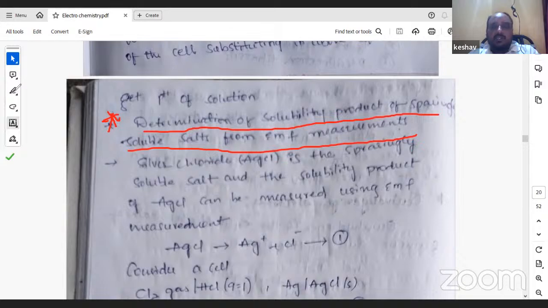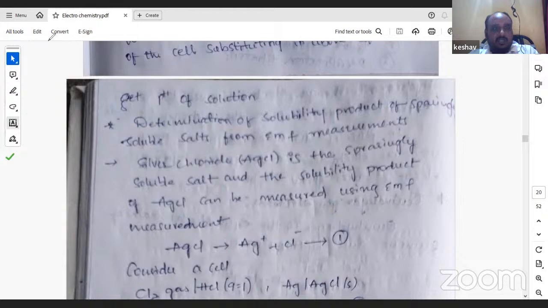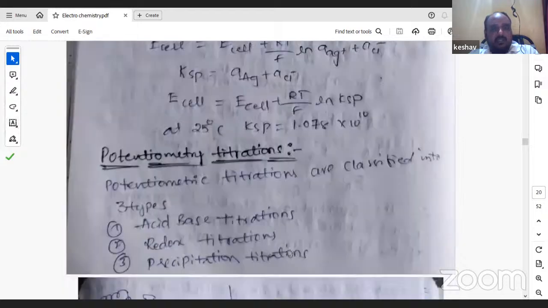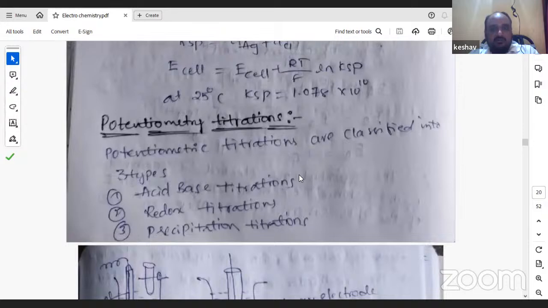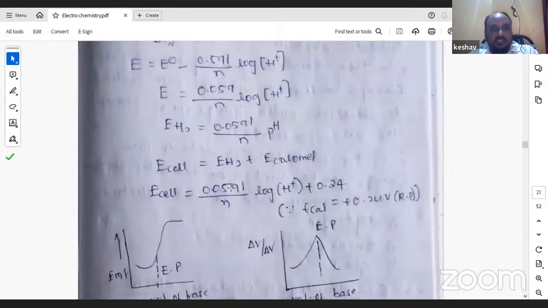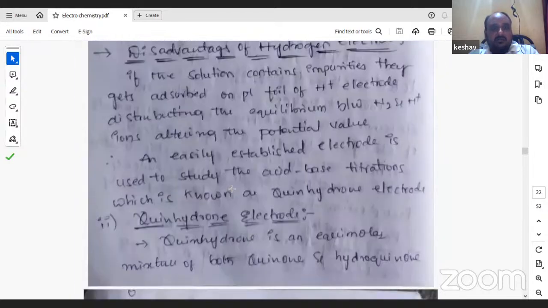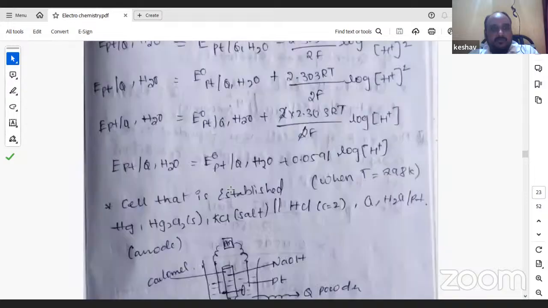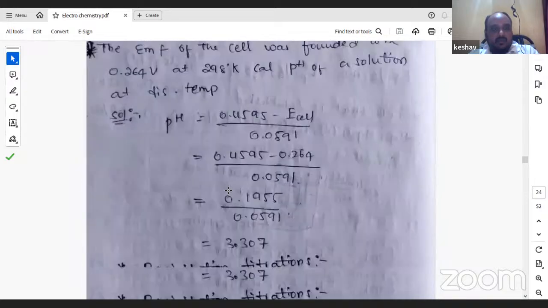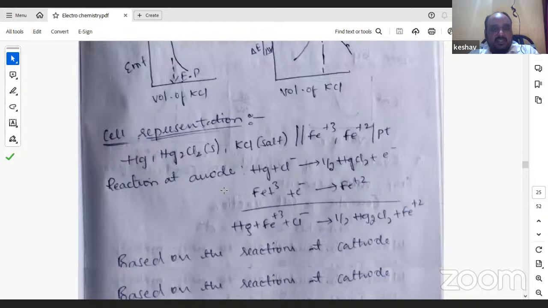Now liquid junction potential is completed. So the determination of pH will be discussed later, and the solubility product also will be discussed later. So after that, potentiometric titrations will be there. 3 types of potentiometric titrations are there: acid-base titrations, redox titrations, and precipitation titrations.